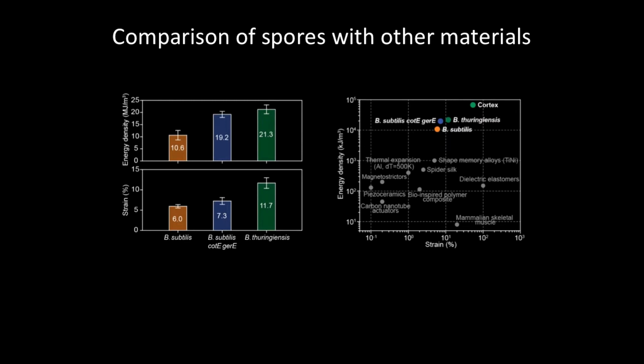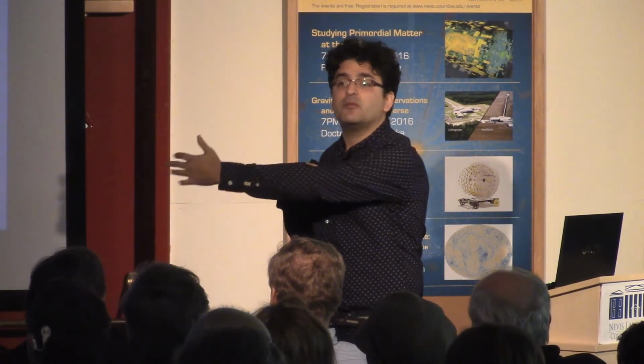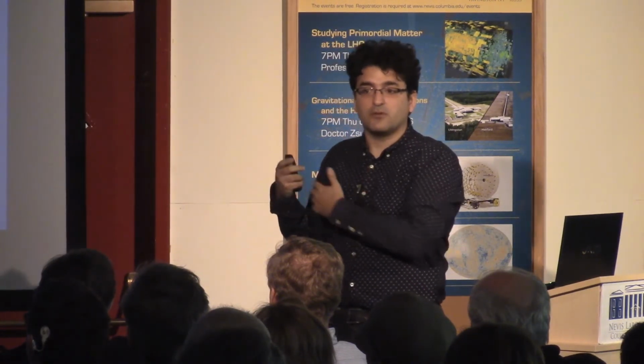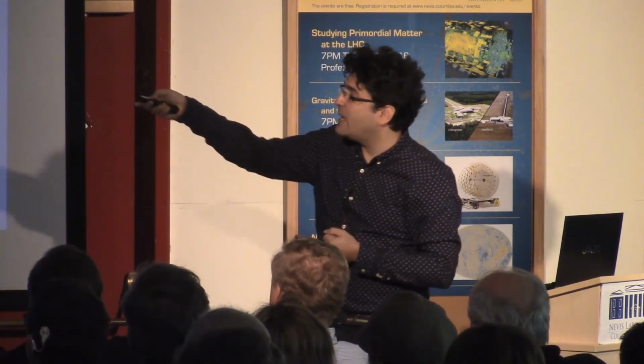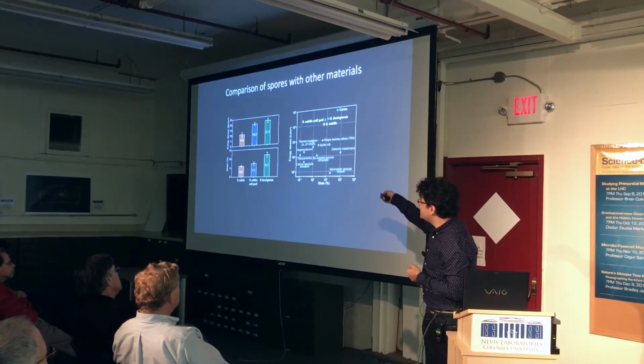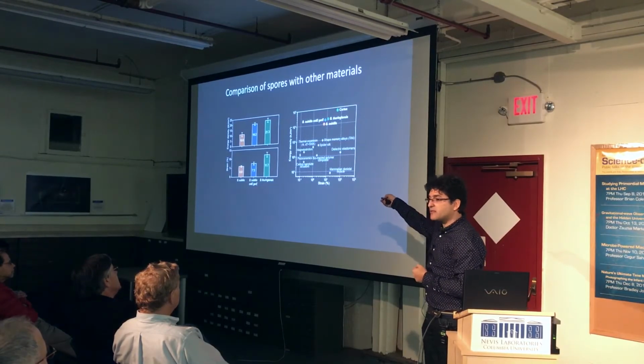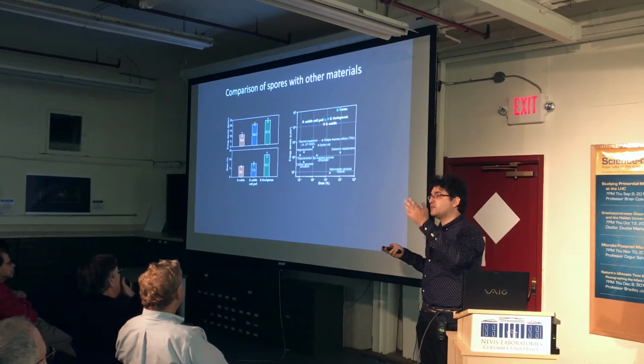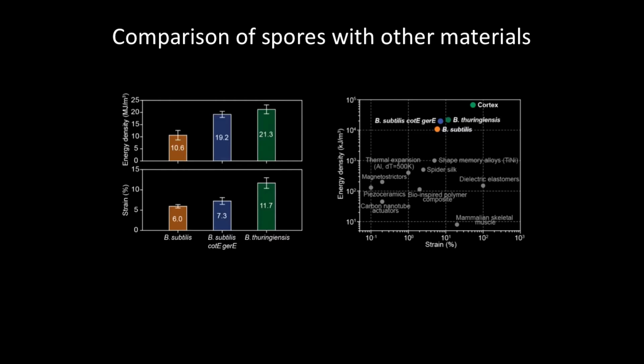Engineers use a lot of materials to move objects, and they characterize them well, so these numbers are known for those materials. This is mammalian skeletal muscle. It's very good, it can expand by 20% in length, and that's very useful, and that's how we move. But most engineering materials are not good from that perspective, and engineers who design, for example, robots, have a challenge to make things move.